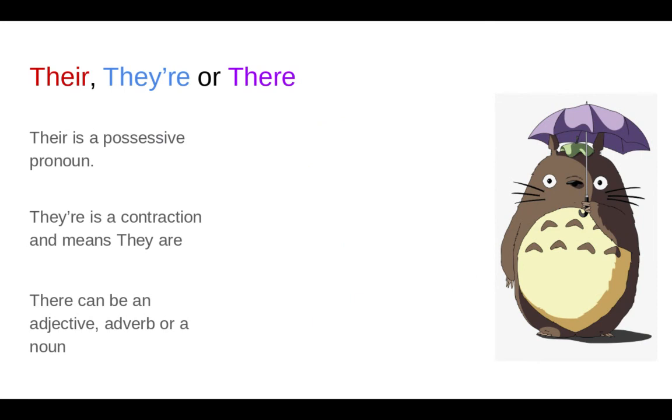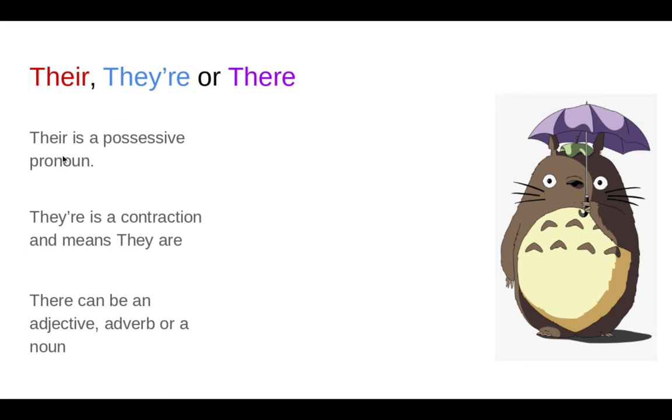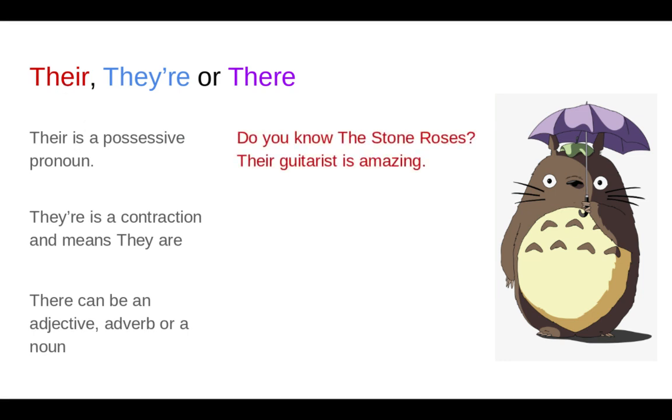Their, there, and they're. Okay, so these are three words spelt differently. They sound the same, but they have very different meanings. Okay, so their is a possessive. For example, do you know the Stone Roses? Their guitarist is amazing. Because the guitarist is owned by the Stone Roses.